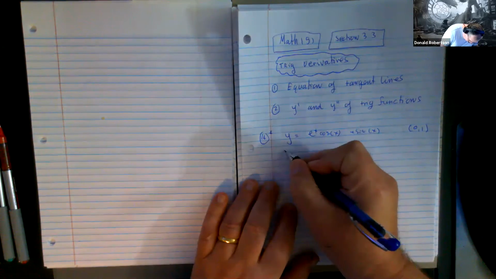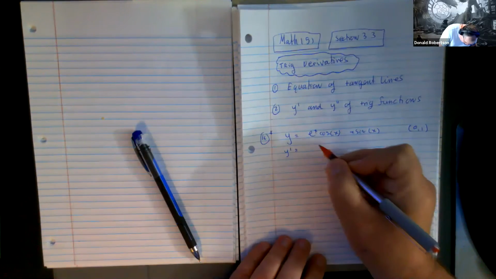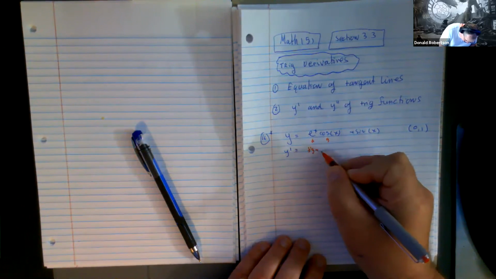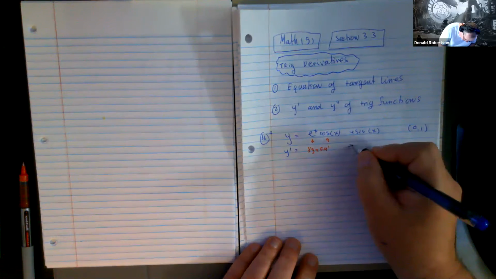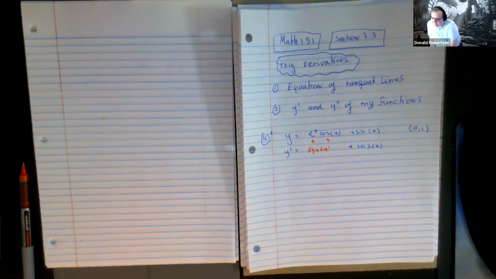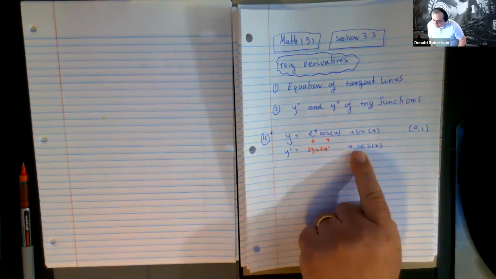So, looking at this one, would you agree that this is a product rule for the first bit? And plus sine x, when you differentiate it, just gives you plus cosine x. We happy with that? So product rule plus the derivative of this guy.